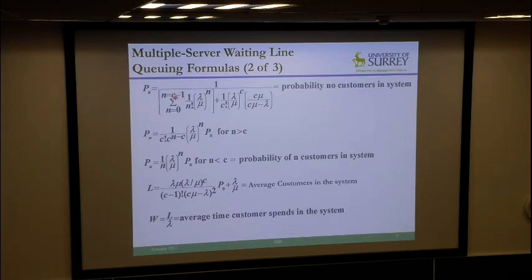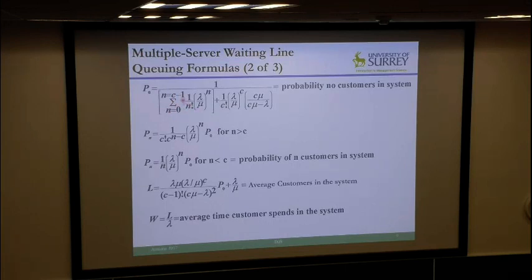C is the number of servers in the whole system. So we do a sum from 0 to C minus 1. If we have 3 servers, C minus 1 is 2, so we do it for 0, 1, and 2.